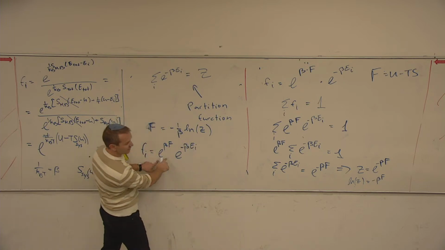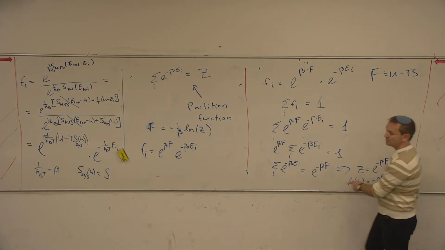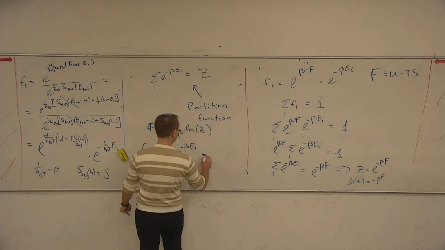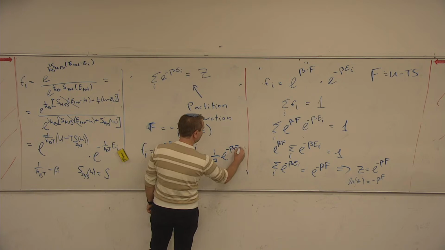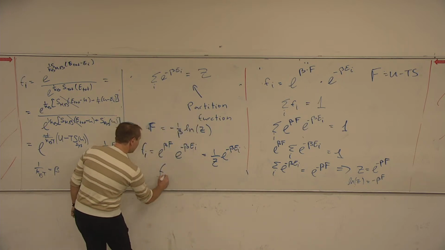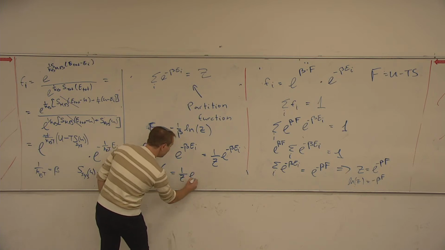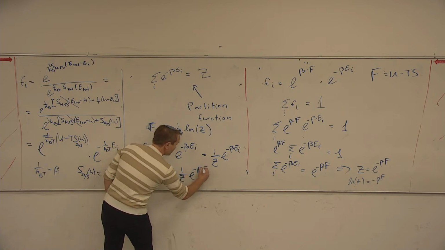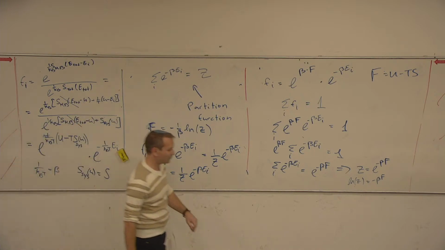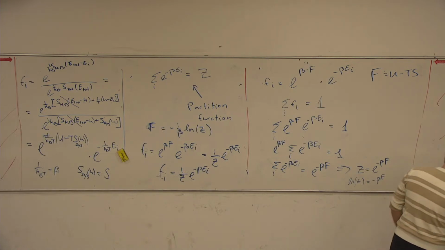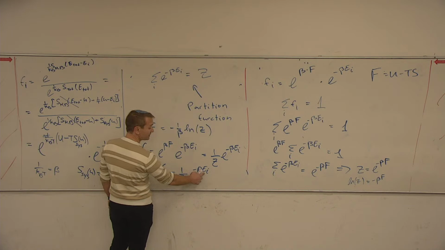I know that Z equals e to the minus beta F, so I substituted it inside and obtained that p_i equals 1 over Z times e to the minus beta E_i. And this is the central formula of statistical mechanics, at least when we are talking about canonical ensembles. All the probabilities are completely defined by the temperature and the energies of the different states.